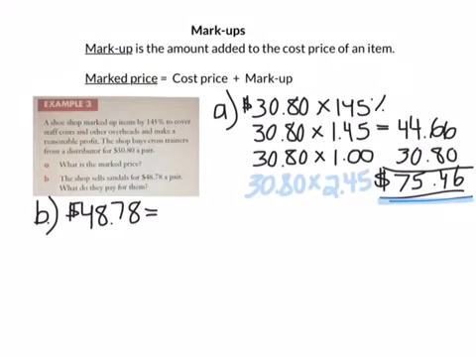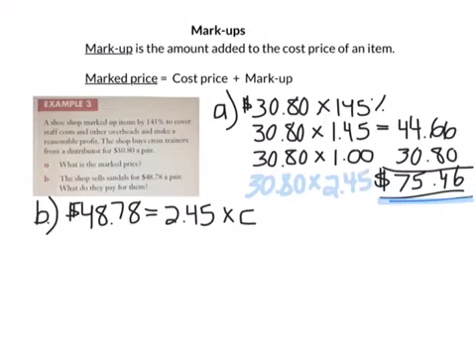So we're going to use that same figure, 2.45, and we multiply that times our cost price. They're asking us, what is our cost price? We know that we multiply that number by our cost price that we don't know in order to find 48.78. So we just work opposite using algebra, okay?